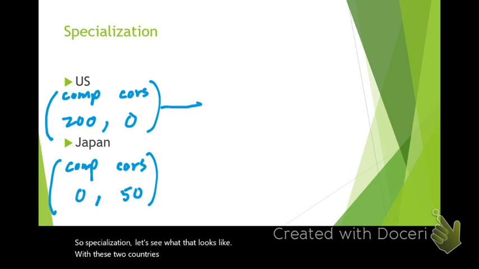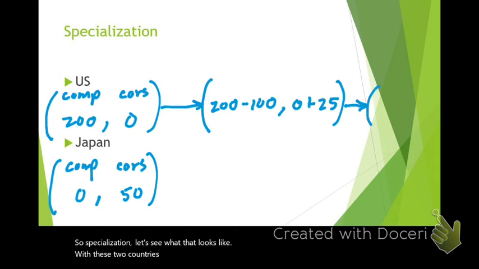So the U.S. will trade 100 computers to Japan, and we're going to say Japan gives the U.S. 25 cars in return. So the resulting amount of computers and cars that the U.S. has is 100 computers and 25 cars.